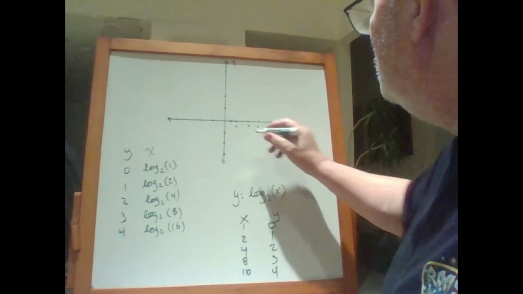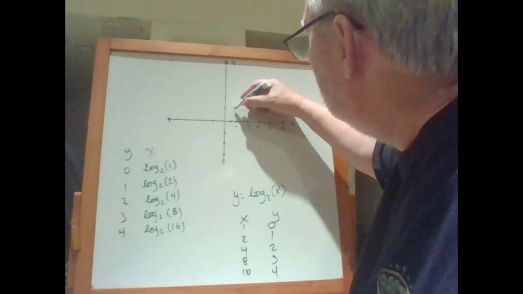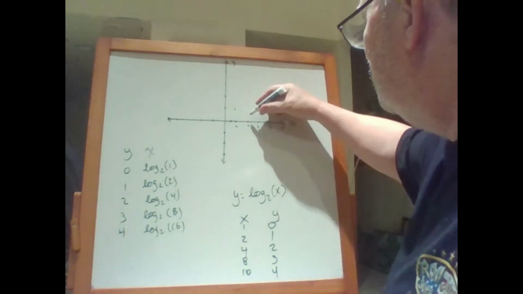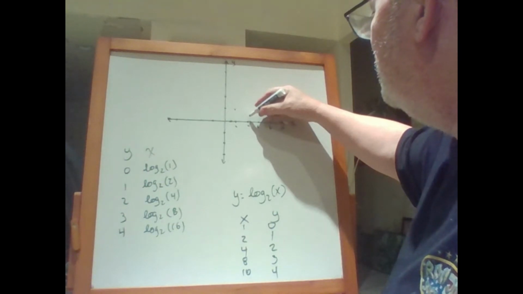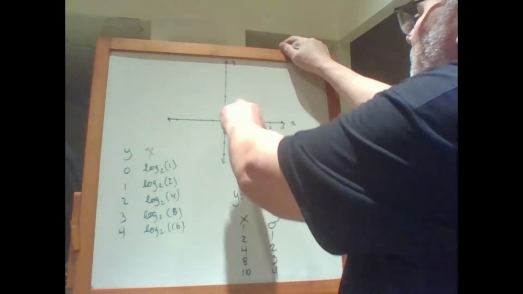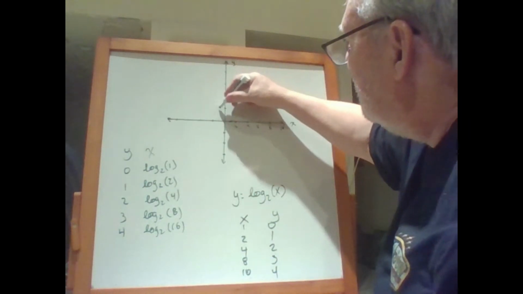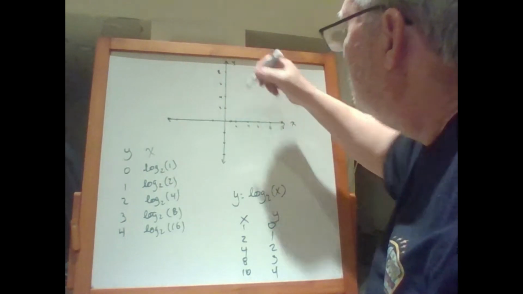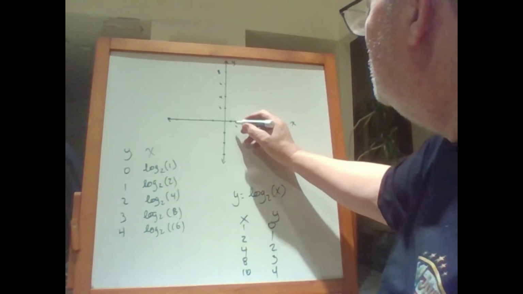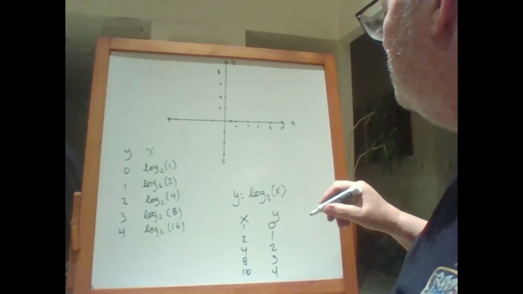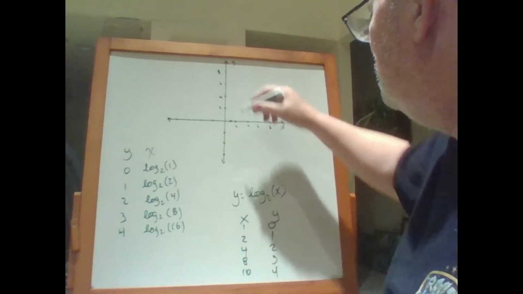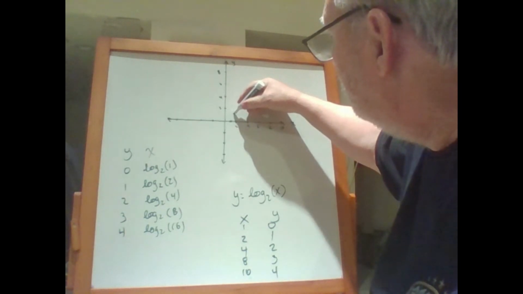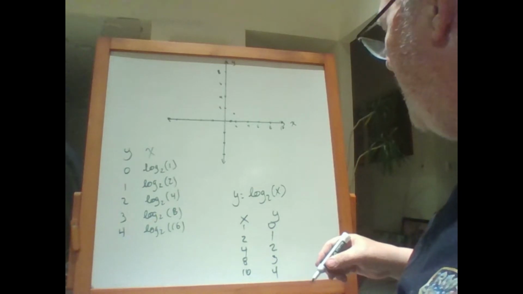Okay, when x is 2, y is 1. When x is 4, we have, oh wait a second, we're making these graduated too, so that's 2, 4, 6, 8. All right, x is 2, y is 1, so right there, about.